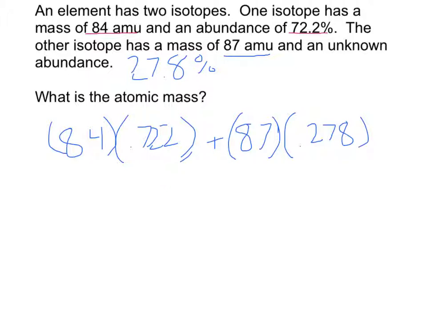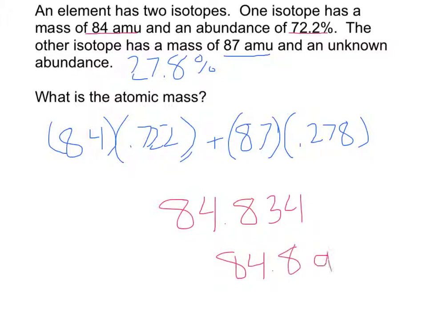Now you do the math here and you will get 84.834. And I want three significant figures, again, if you're in my class. So we're going to do 84.8 AMU. Which makes sense. It's between 84 and 87, and it's tilted toward the 84 since the abundance is so much higher.